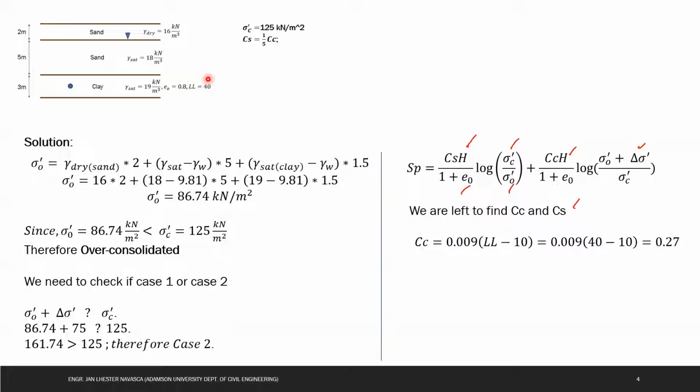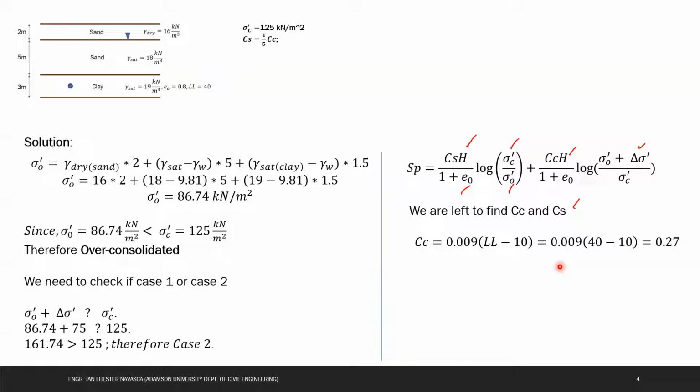Under the Skempton equation, we are considering whether our soil sample is undisturbed or disturbed. In our case, we are considering undisturbed soil. So we are assuming that our soil is undisturbed. This is our default assumption.